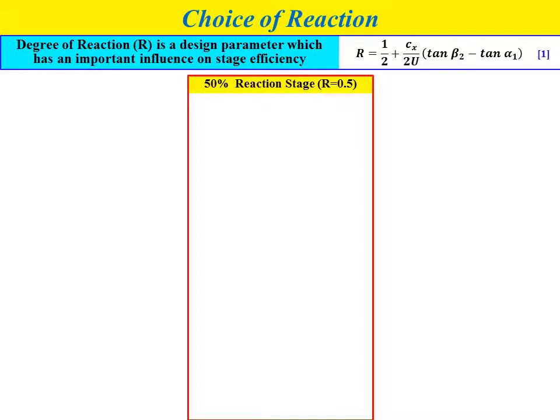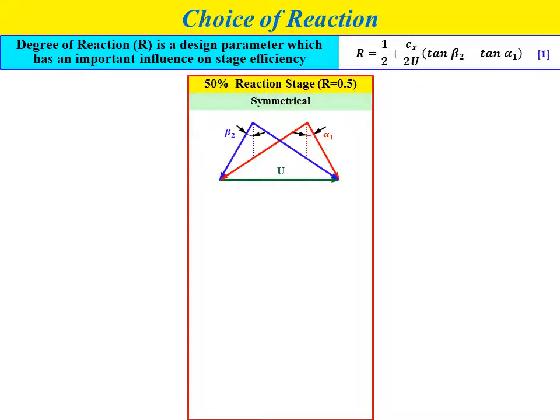First, we have the 50% reaction stage, where the value of R equal to 0.5. In terms of characteristic, if you look at the velocity diagram at the inlet and also at the outlet of the rotor, we will have a symmetrical velocity diagram as shown in the figure, where the main criteria for this reaction stage is that the value of alpha 1 equal to the value of beta 2.